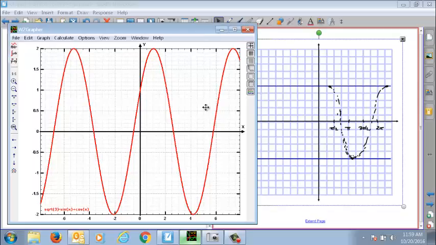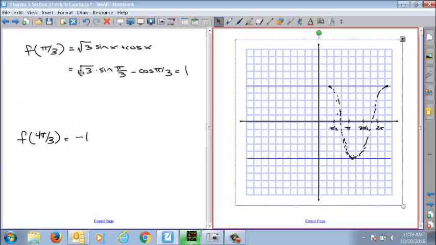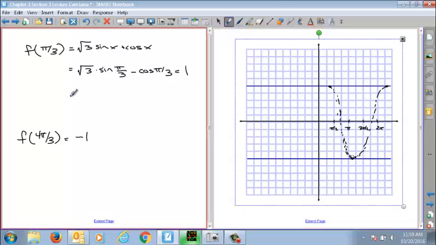Let's go back here and figure out what it did. Okay, so instead of putting it in the calculator, get the square root of 3. Oh, this is plus. That was the problem. So the sine of pi over 3 is equal to the square root of 3 over 2.